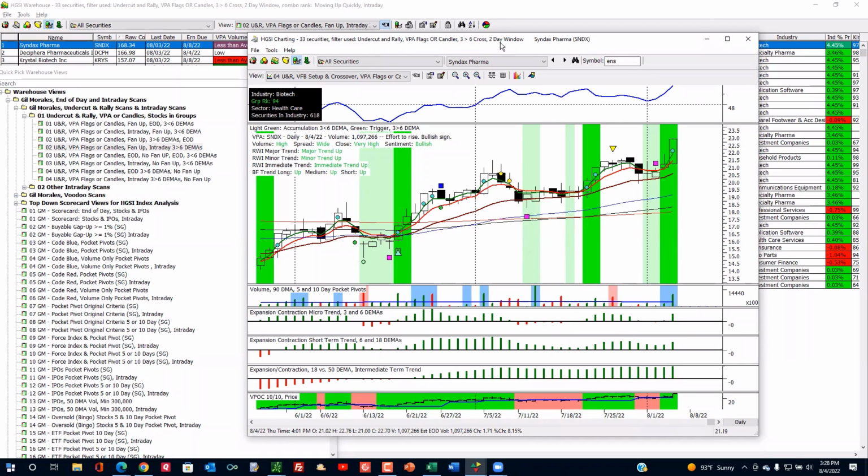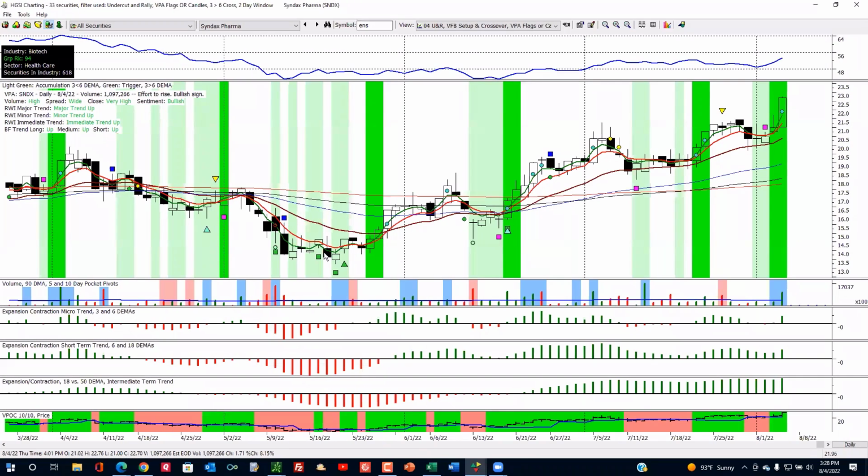Look how tight it is compared to that other one. Accumulation days, VPA flags, a warning that there's something happening. Here's a crossover day, a nice move, cross back down, stopping volume, low volume test, confirmation of the test, went up through and pulled back.